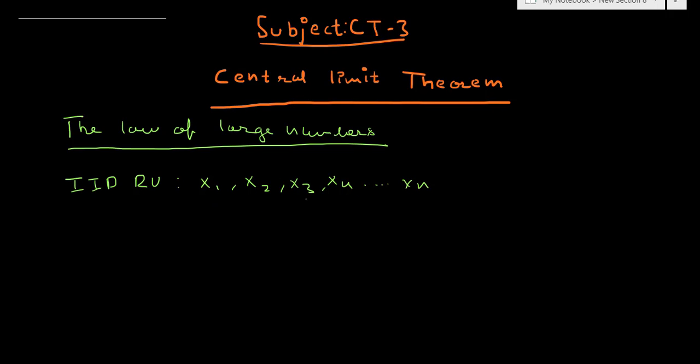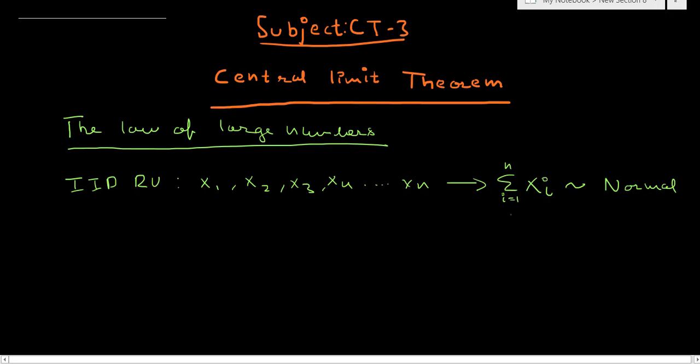If I add them up, if I take the distribution of sigma xi, where i goes from 1 to n, the distribution would be a normal distribution. That is what the central limit theorem or the law of large numbers says.